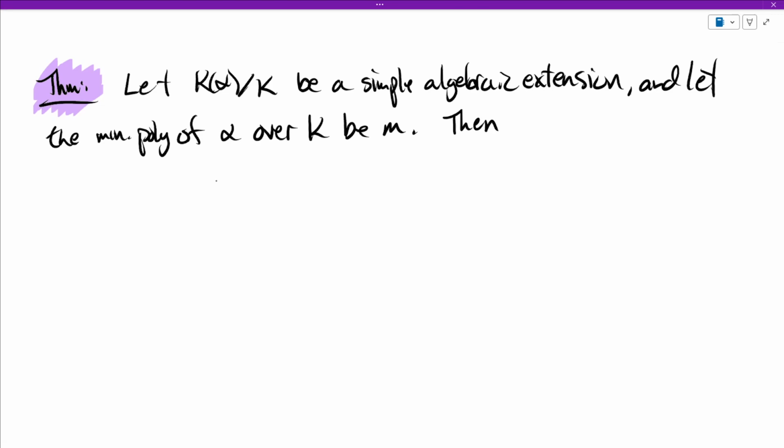Then k(alpha) over k is isomorphic to the extension, take the polynomial ring, mod out by m, over k. And they're isomorphic as extensions, which means the isomorphism on the base is the identity. Okay, so let me say that differently.